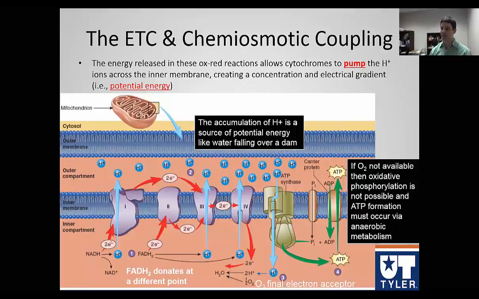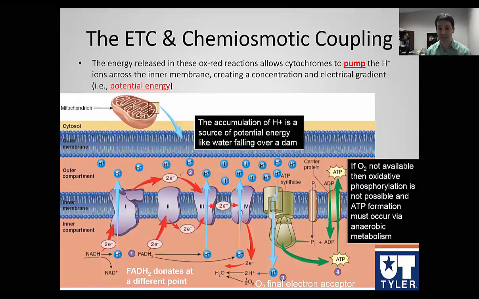So what does it look like? We can say that there are 4 complexes in the electron transport chain: complex 1, complex 2, complex 3, and complex 4. You need to know not the specific names of the complexes, but that there are 4 complexes, because that's going to come into play. Complex 1 is specific for NADH.